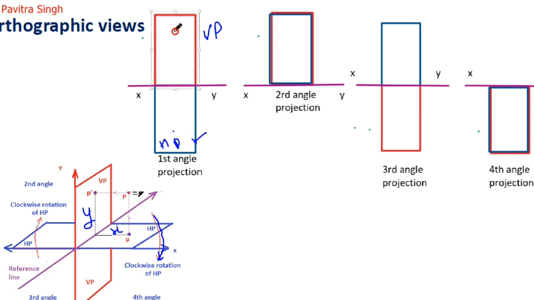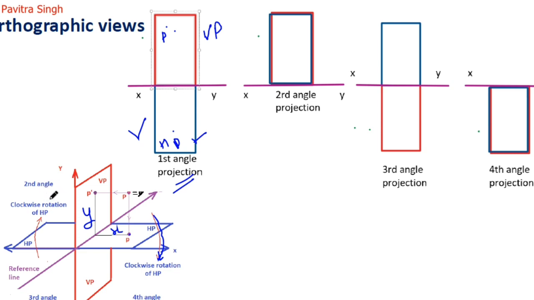So we will use dash for the front view, and we will not use dash in the top view. This point is projected on this vertical plane, and this point P dash is having some distance from this horizontal plane. So this is the height or distance from this horizontal plane.